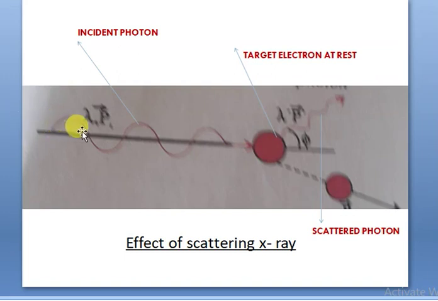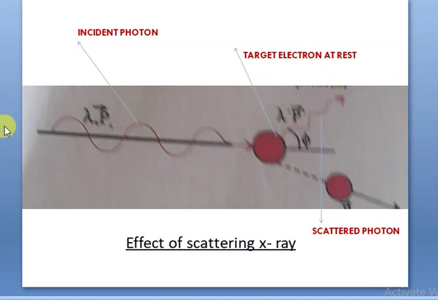When this incident light hit this target electron, we have a scattered what? Electron. Some of the light was scattered, and you find out that there is loss of what? Energy.